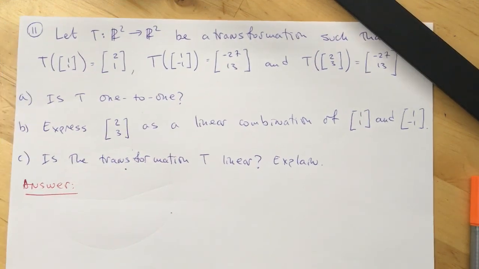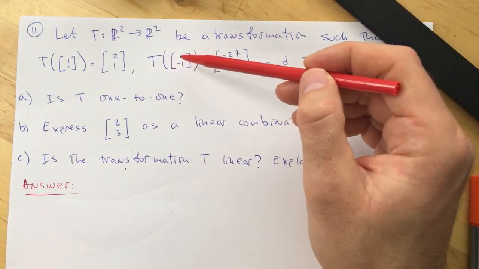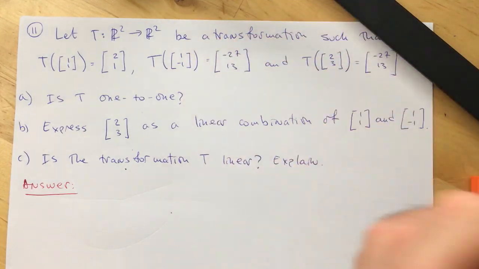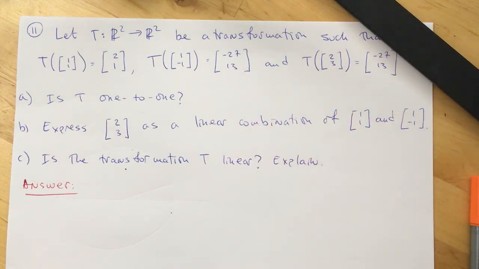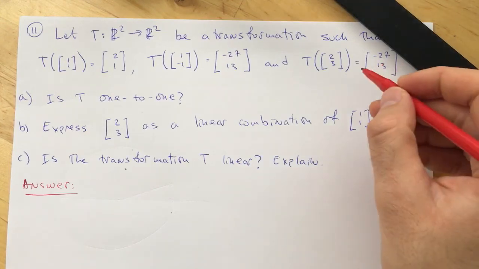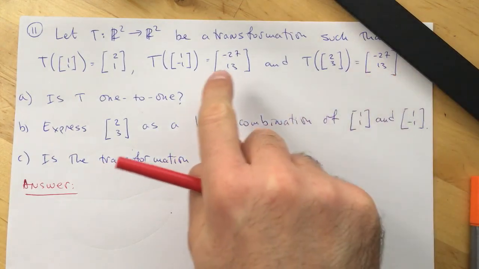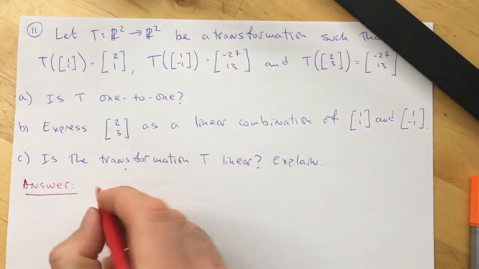Well, what does it mean for a transformation to be 1-to-1? It means that every different vector is being transformed into a different vector. So it's impossible for 2 different vectors to be transformed into the same vector, and obviously that's not the case here, right?